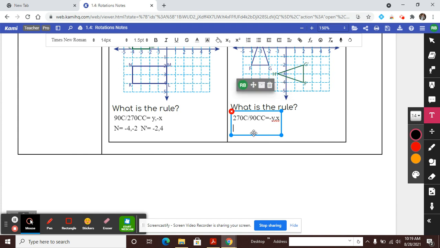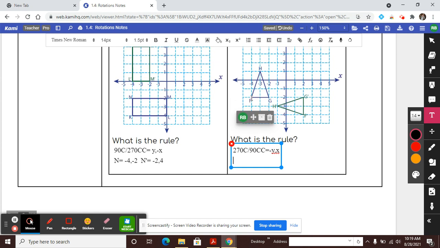So in this case, we're starting out, we're saying my original, let's go with F. My original F is going to be -4, comma, 2. Okay. F copy, remember F copy has the little apostrophe behind it. If we're going to switch the order, switch the signs, well, again, if I'm in this quadrant, I know I'm going to be positive, negative.